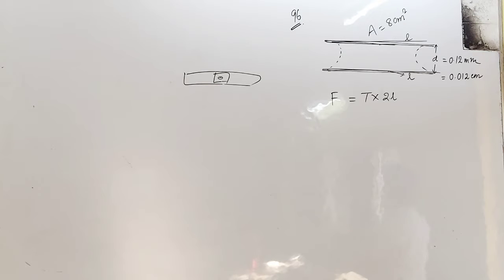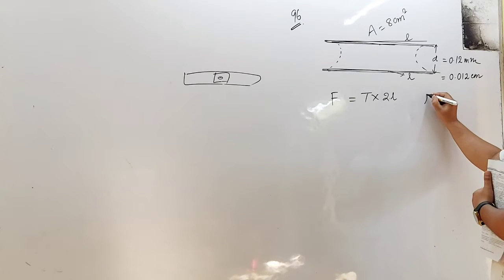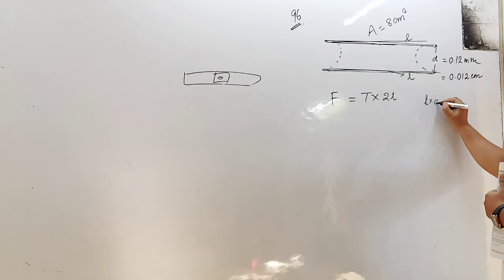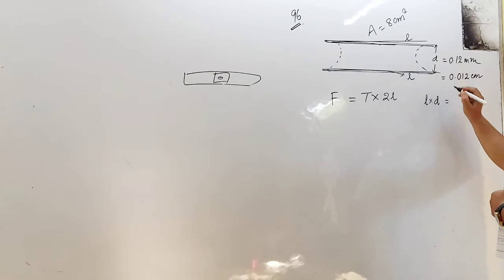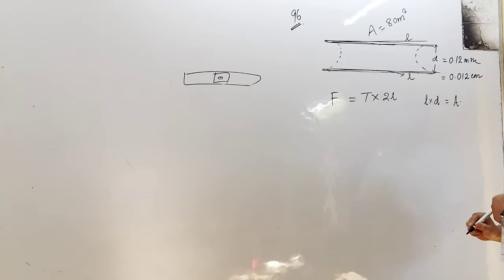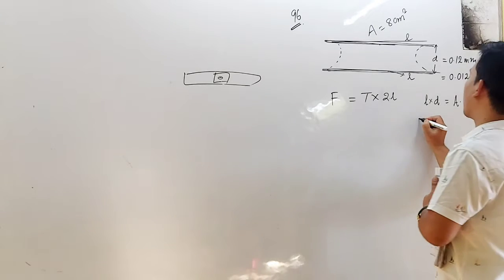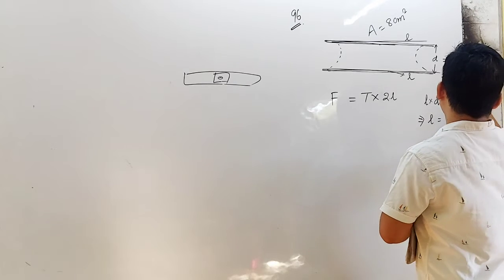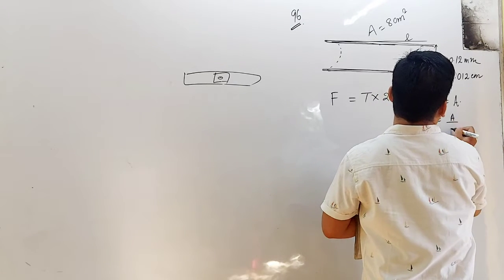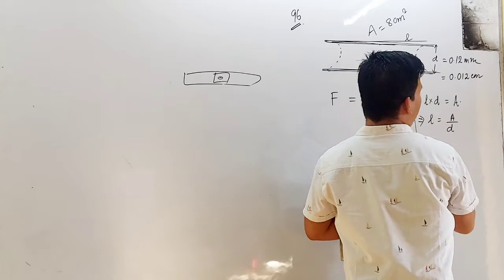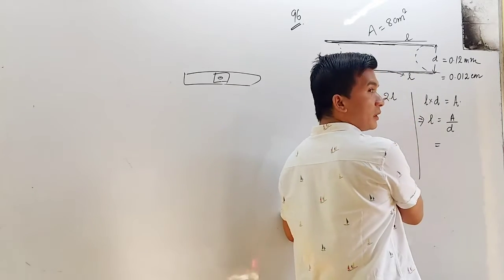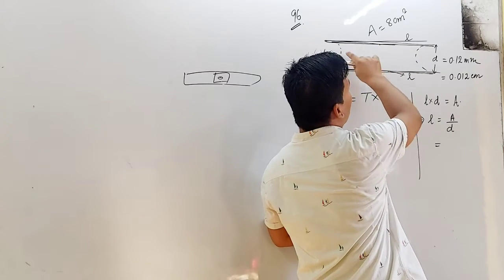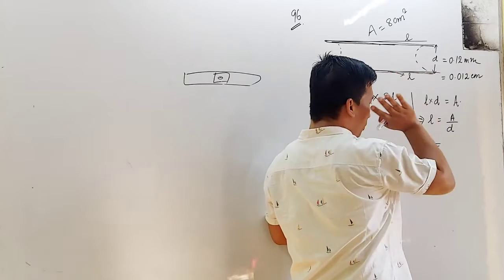So the length can be easily found by combining: length into thickness will be equal to area A. Area A is length into breadth, so length L is equal to area A divided by thickness. This is the easiest way; integration would be very difficult.